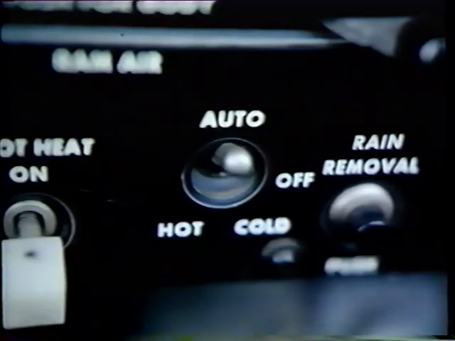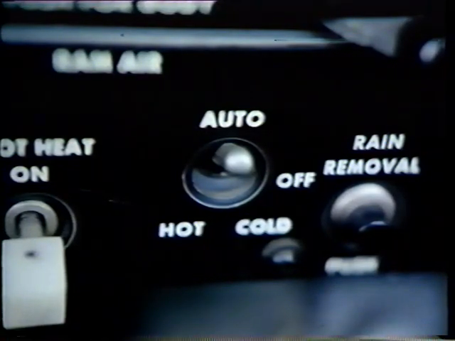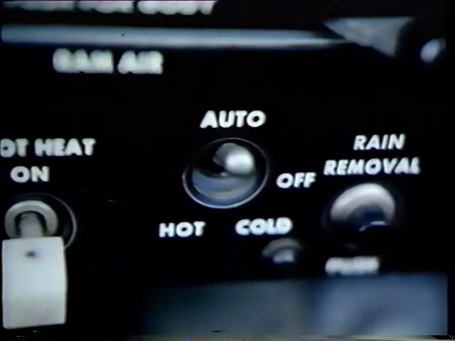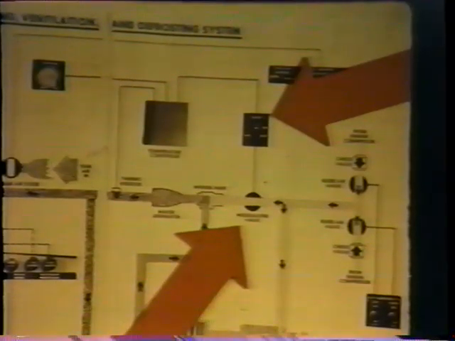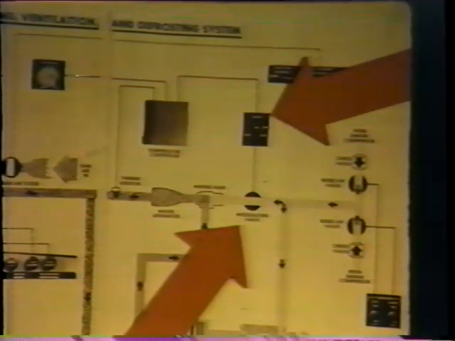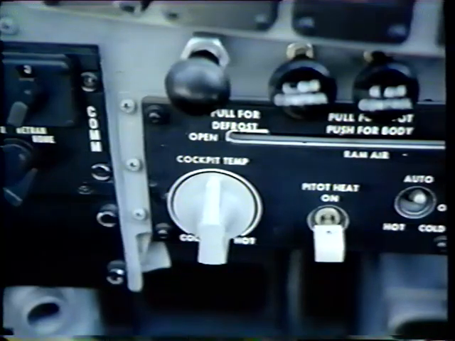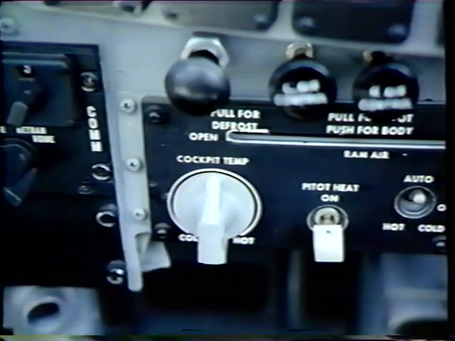The cockpit air temperature control switch is a 4-position switch which controls the modulating valve to achieve the right combination of hot and cold air in the cockpit. In the auto position, the valve is positioned by the cockpit air temperature control rheostat.